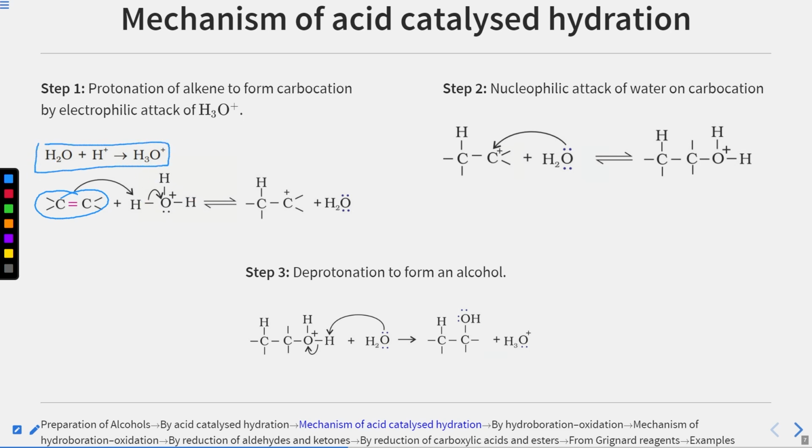Do not get confused with this, because acid will never be present as H plus. We can use it sometimes for our mechanistic part, but in reality it is always present in this form. I have used H plus also in some cases, but in reality H plus never exists.